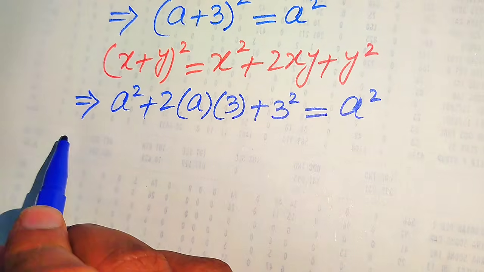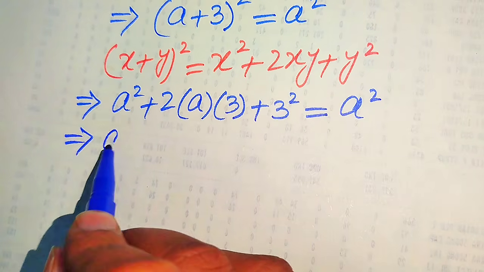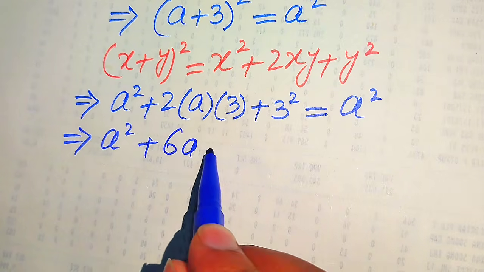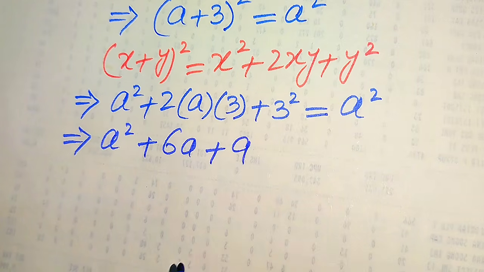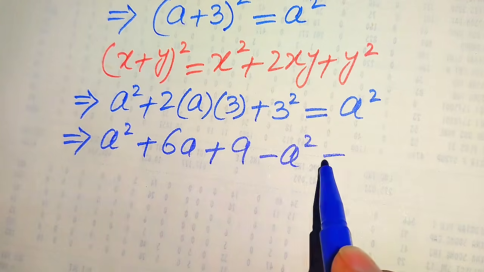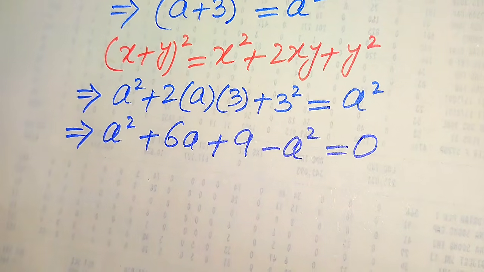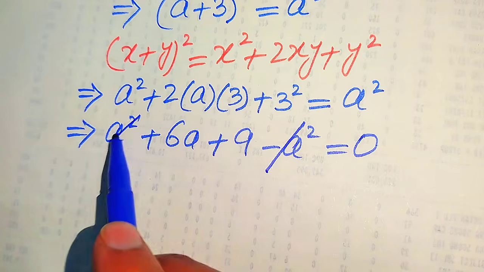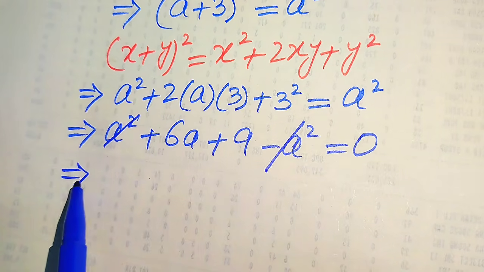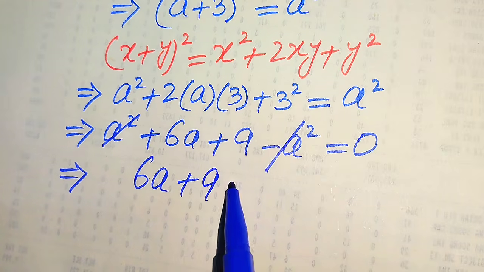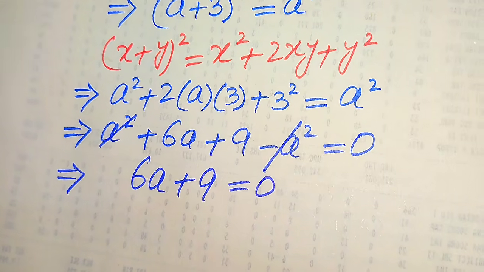Next we have a square plus 6a plus 9, and we move this a square to the left hand side, so it becomes minus a square, and this whole equation is equal to 0. So minus a square and plus a square cancel out, and we get 6a plus 9 is equal to 0.